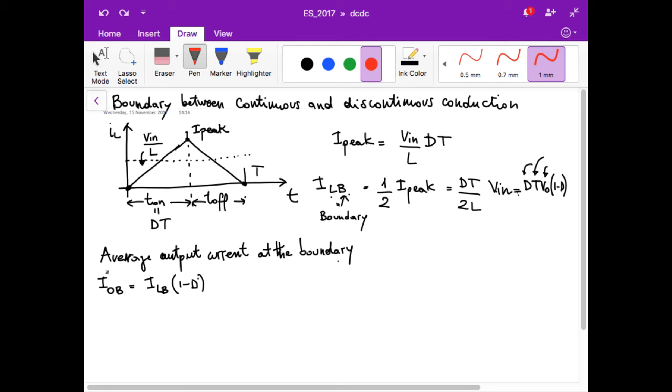So the average current at the output is equal to the average current in the inductor times the complementary duty cycle, 1 minus D. So this means that we have this expression, 1 minus D to the second power, times D times T VO over 2L, if I take this expression that I have derived. I forgot to copy 2L at the denominator.